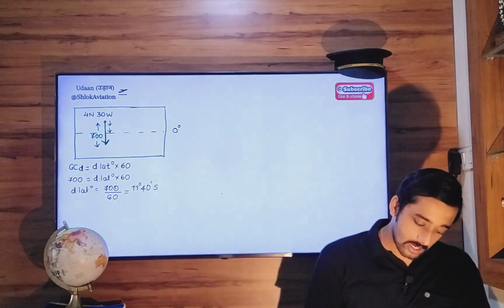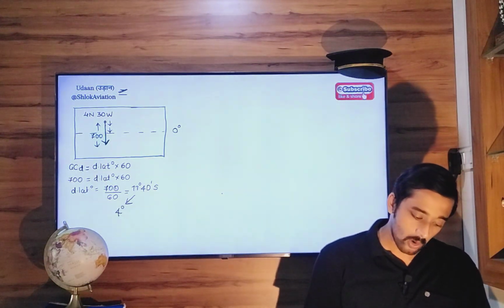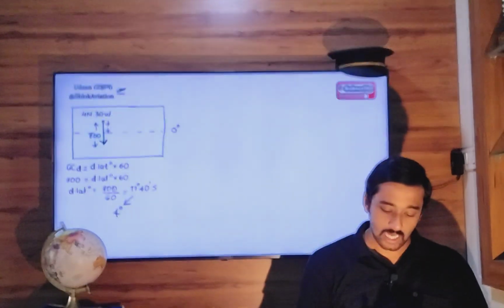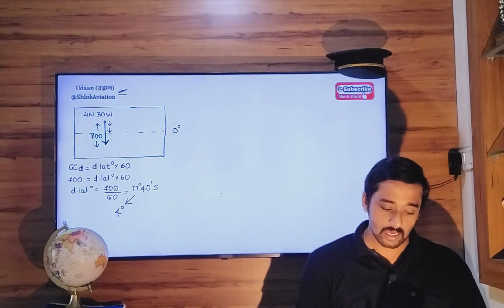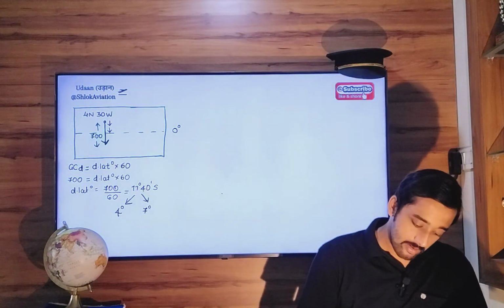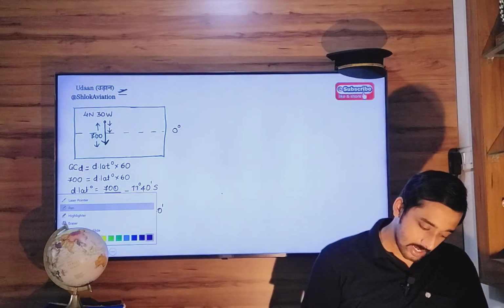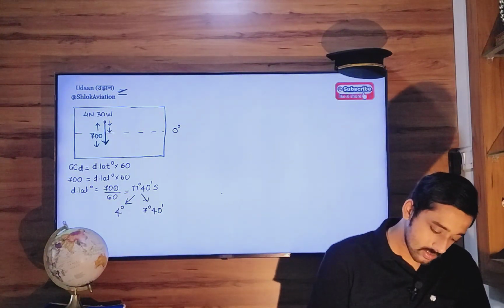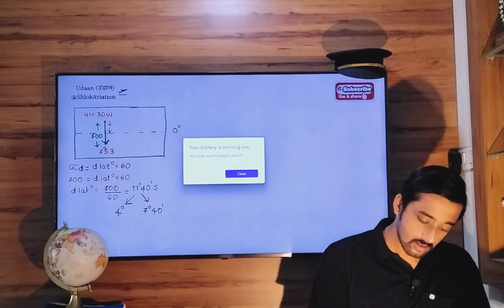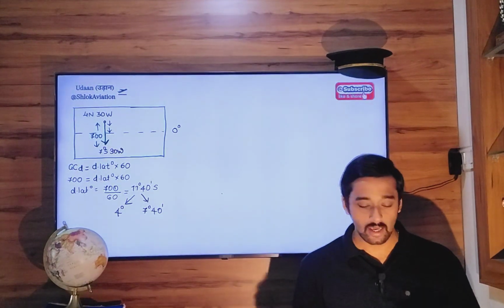So 11° 40 minutes south difference can be divided into two parts. 4°, which is this part, and remaining difference is how much? 11° 40 minutes minus 4°, 7° 40 minutes. So new position will be 7° south and 30° west. 7° south, 30° west.